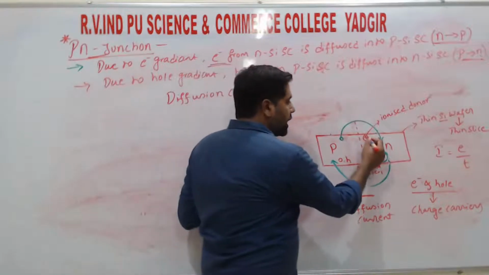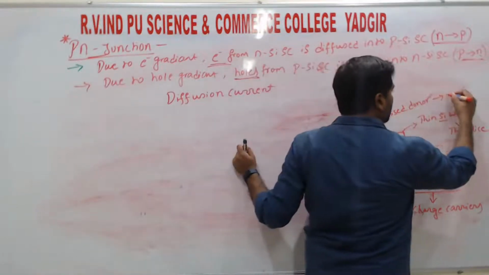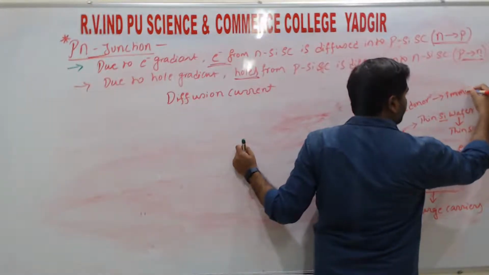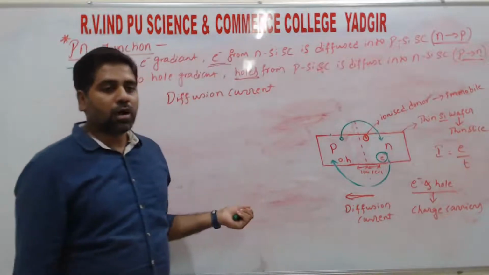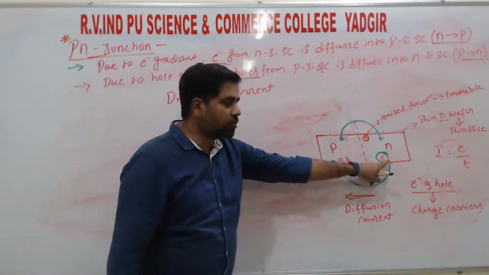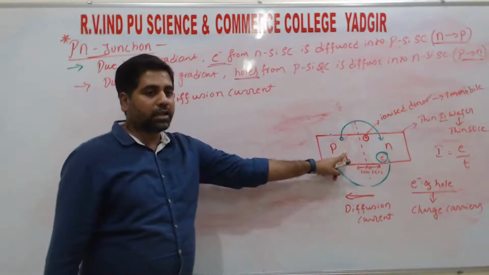These are not able to move, so these ionized donors are immobile. Mobile is nothing but moving from one place to another place. The electrons are free electrons, that's why they move from one region to another region, right?